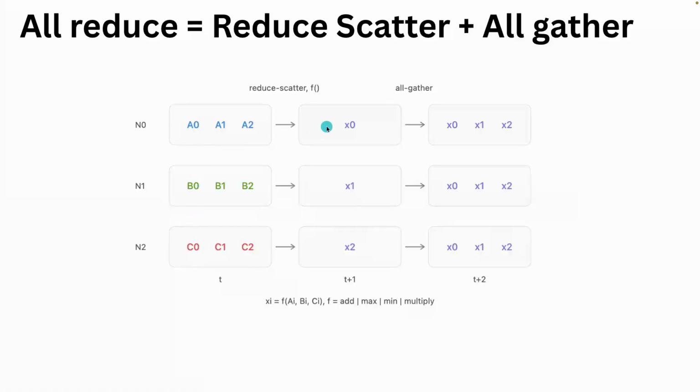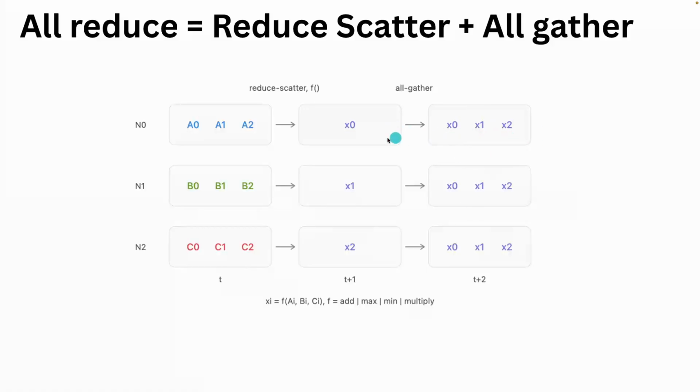So this would be across A0, B0, C0, what's the max? A1, B1, C1, what's the max? A2, B2, C2, what's the max? Along the columns, you can add, or take a max or min or multiply. So in a reduce scatter, this one would be any operation of a0, b0, and c0, and this one would be any operation on a1, b1, c1, and then you have done reduce scatter, and then you just do an all gather.